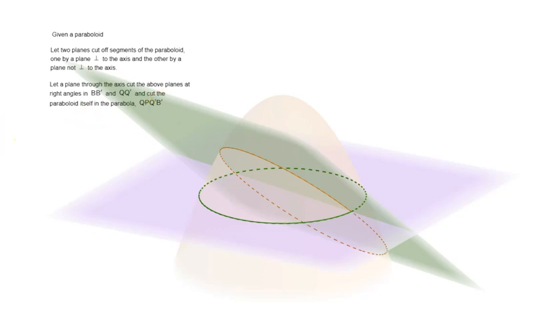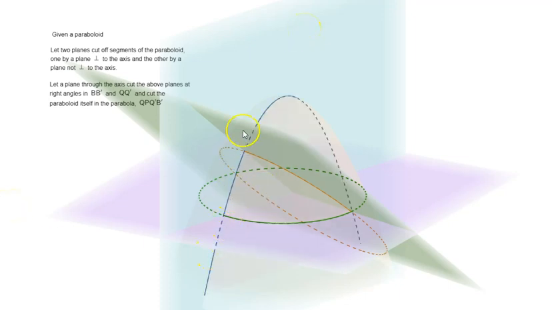So let's do that. This is the plane through the axis cutting the other two planes in BB prime.